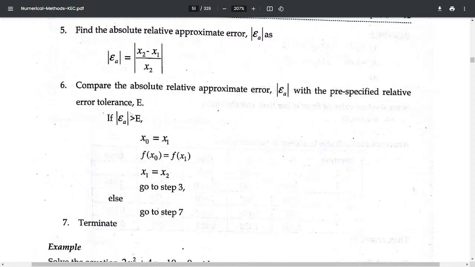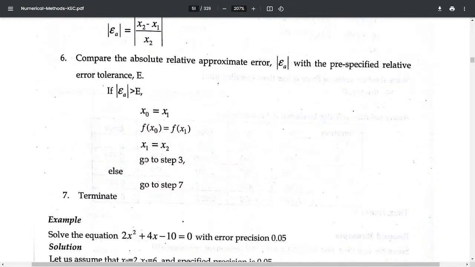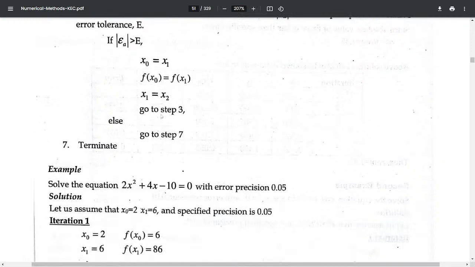If it is greater than e, we should repeat step 3. That means we should again use that formula, put the value in that function and try the next one. If it is smaller than the given error, our program will terminate.